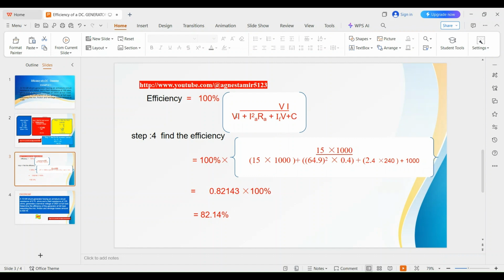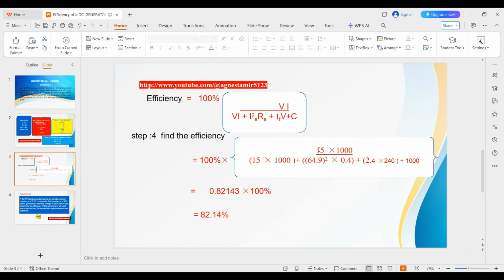So our output power, we have seen that it is 15,000, or 15 multiplied by 1,000, divided by the output power plus losses, which gives the input power.